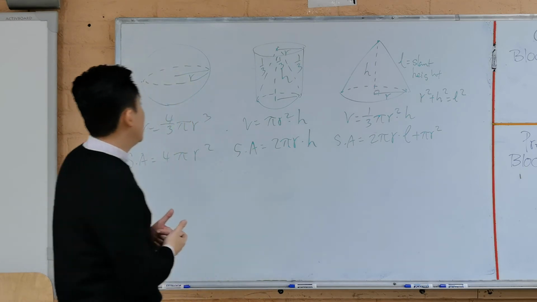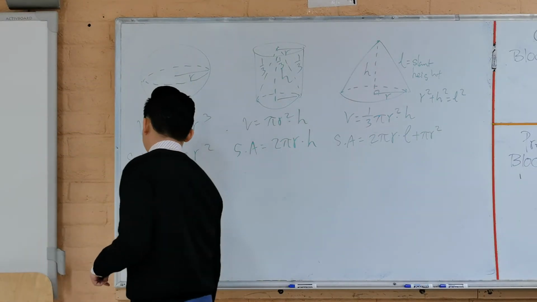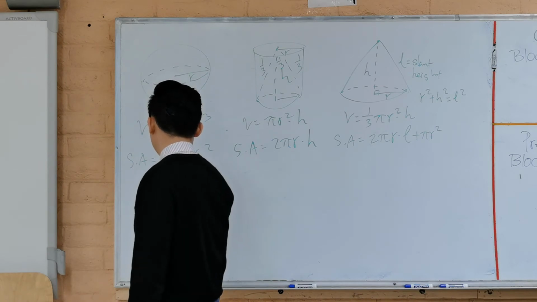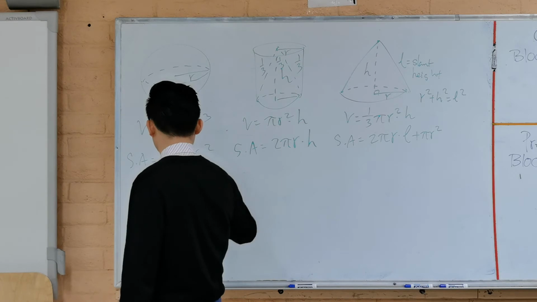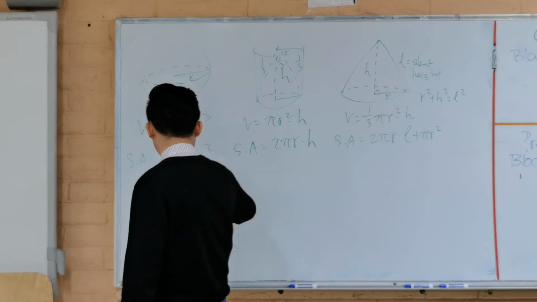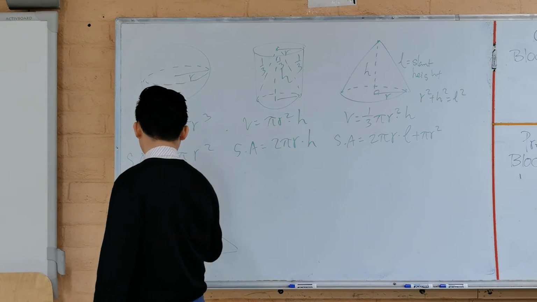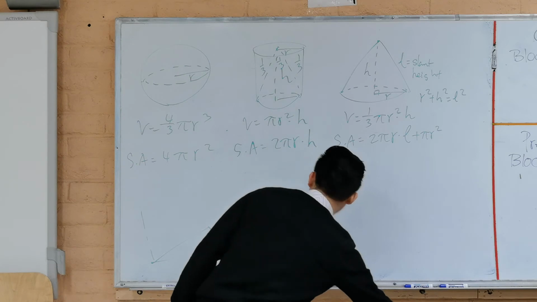So we've got a sphere, a cylinder, and a cone. Let's see what else we have. What about a prism? Let's say we have a triangular base prism. This one's tilted a little bit, so let me resketch the figure.